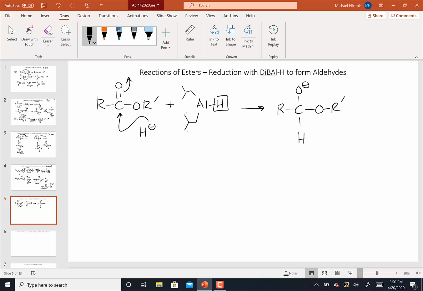So now what happens? This pair of electrons can move back down here, kick off the OR minus group, and let me come back to that in a moment, because you might say, but wait, OR minus is not a great leaving group. It's not.